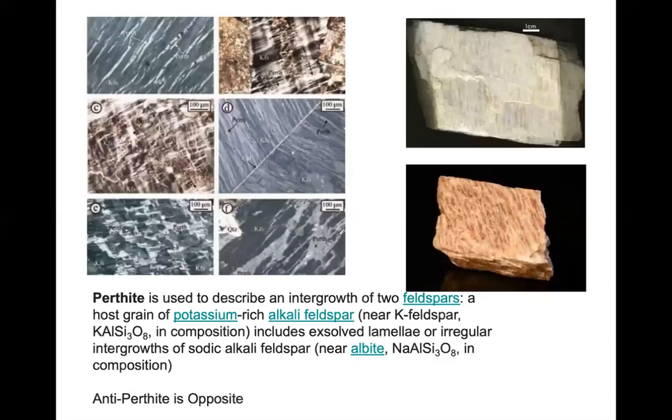So we can see simple solid solutions in feldspar. In feldspar, we know perthite is one of the exsolution types. So their host grain is potassium, K alkali feldspar, right? For example, if you take this as the perthite, this should be alkali feldspar, right?